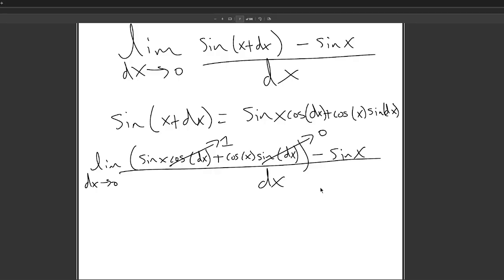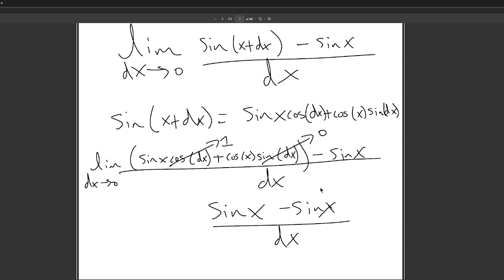So what do I get? I get sine x minus sine x over dx. Now what's the problem with this?